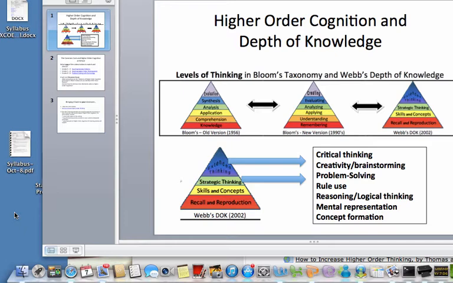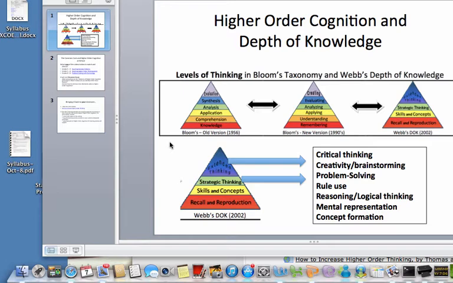So in this slide, you can see some of the genesis of the ways higher order cognition has been conceptualized, discussed, and presented. Here we have, I'll use this cursor as a pointer, Bloom's taxonomy's old version, the original 1956 version. And that had these features of evaluation, synthesis, analysis, application, comprehension, and knowledge.